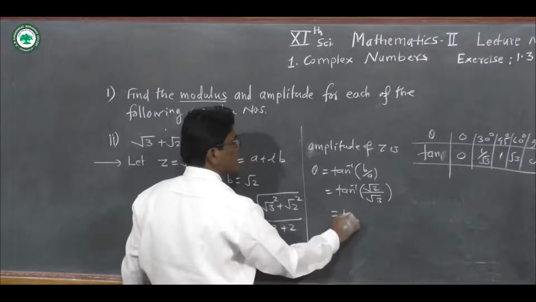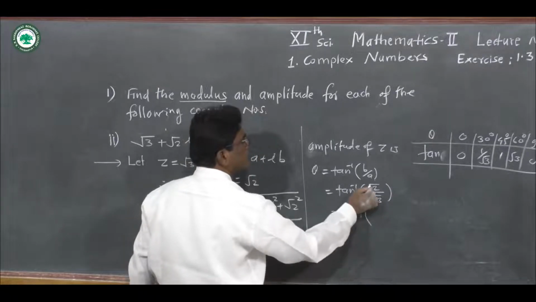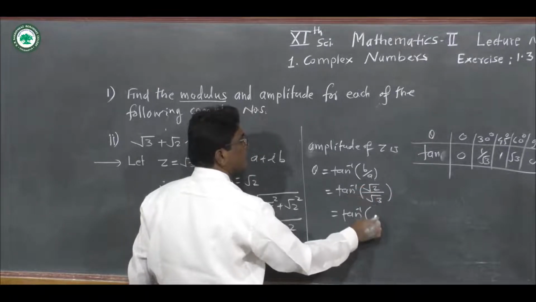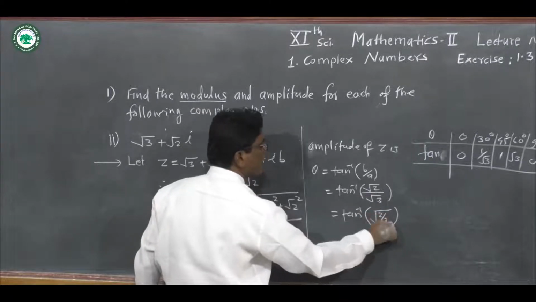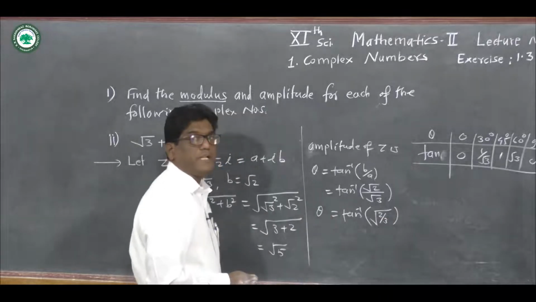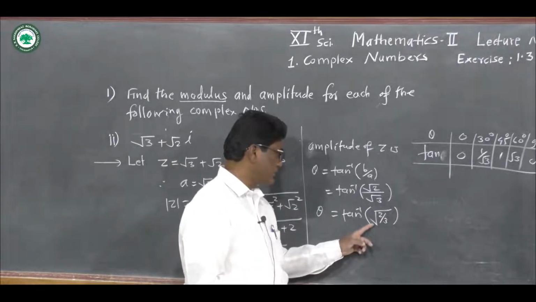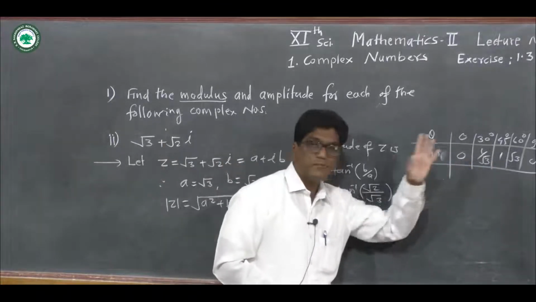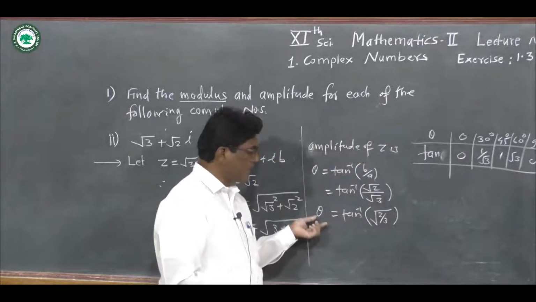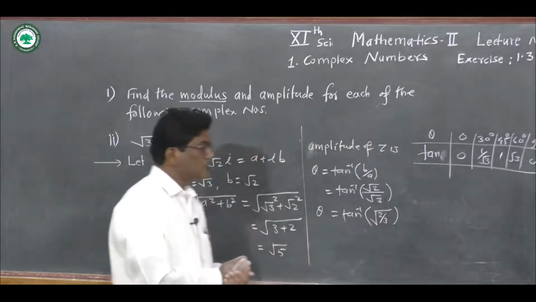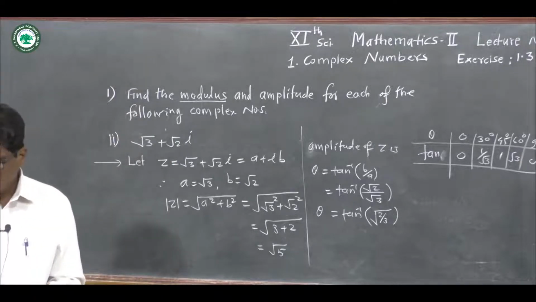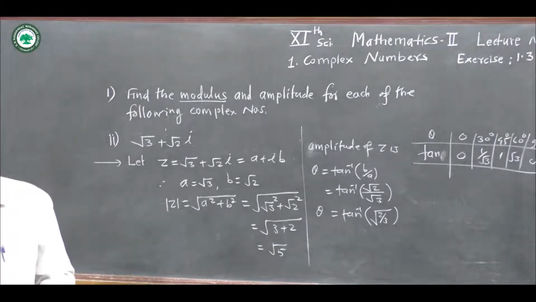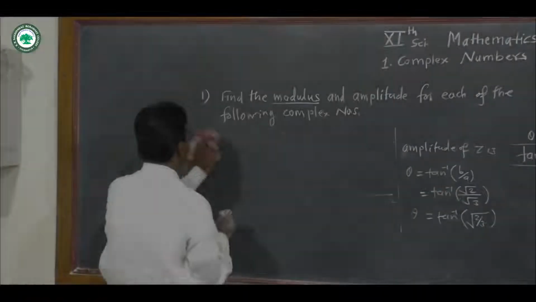So it is equal to tan inverse of, we write the roots in a single root, that is root of 2 upon 3. So theta is equal to tan inverse of root of 2 upon 3. That is not in the table of tan, so we write theta like this. So this is the solution of the second problem. Now the third problem, solve it yourself.